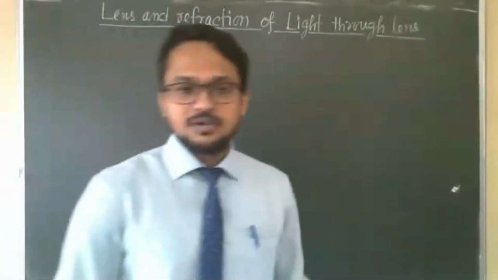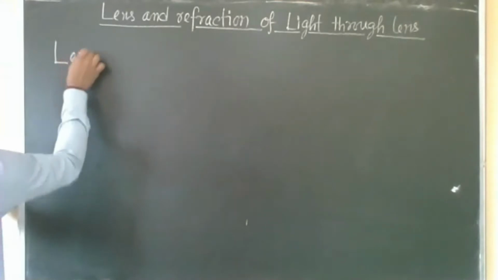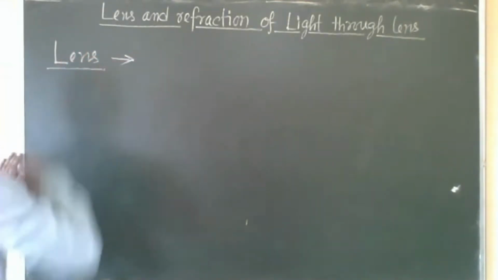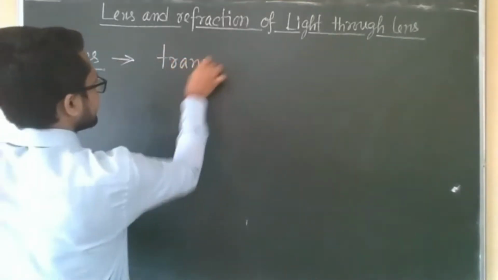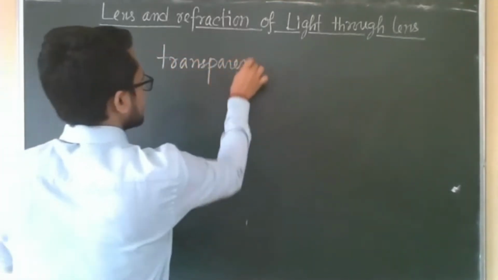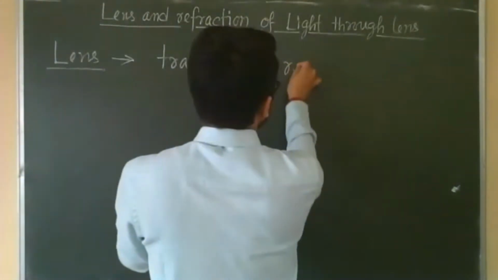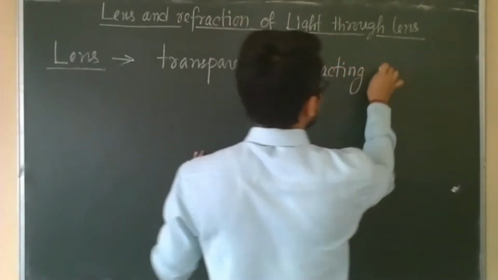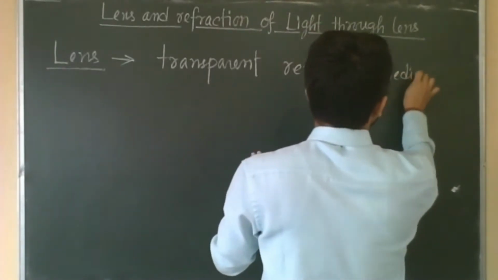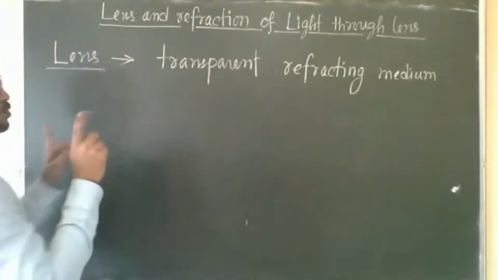Let's start with lens. What is a lens? A lens is a transparent refracting medium, which means light will refract. It is basically made up of two surfaces.